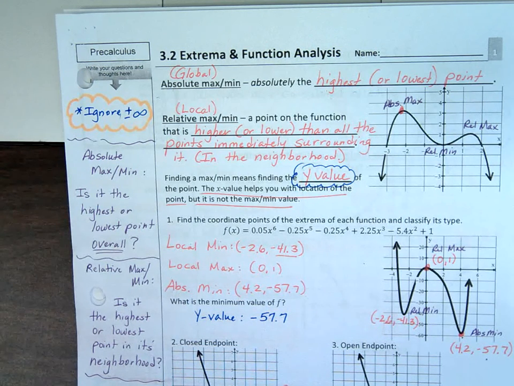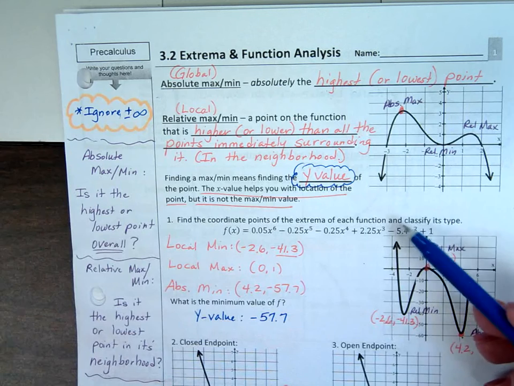Let's go absolute first. So if I'm looking at absolute, is there an absolutely high point on this graph? And so you're looking at the whole picture and you can see that right here, that's kind of a high point in the middle, right? That's like a hill. But the problem is that the highest point overall? Are there points higher than him? Yeah, because he goes to infinity, right?